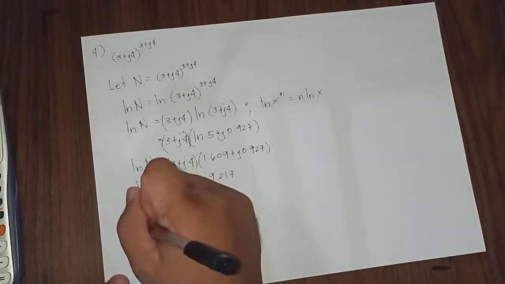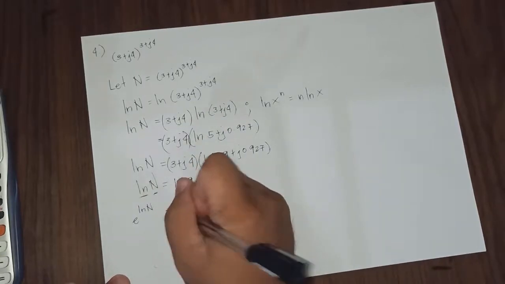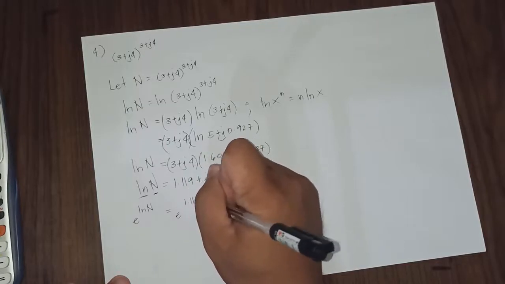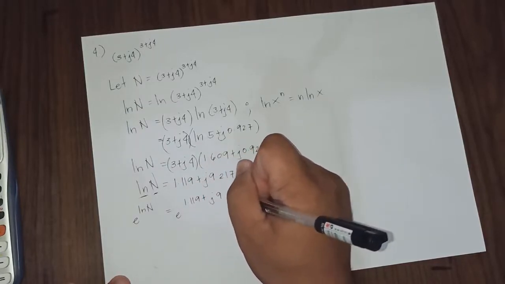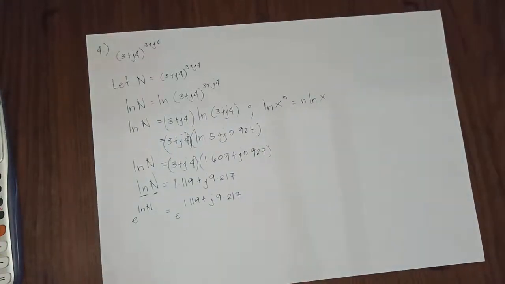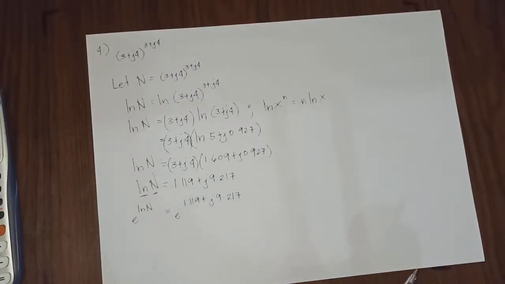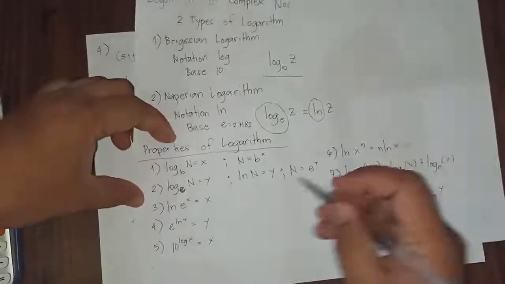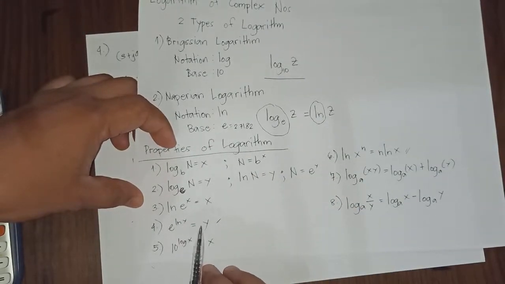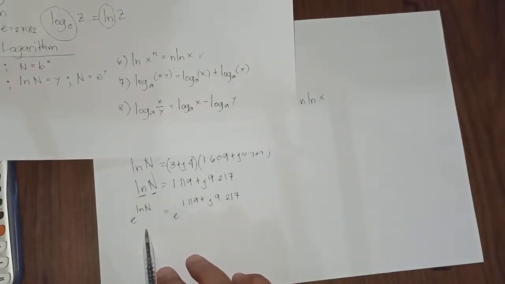So we need to erase that ln n. When we raise e to it, we also erase the ln. That is 1.119 plus j of 9.217. Looking at our property of logarithm number 4, e raised to ln of y is equal to y. So we can say e raised to ln of n is equal to n.